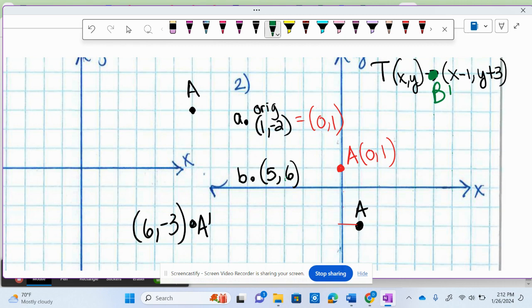It's already been moved. Some point got moved to the left and up 3. So can I just do backwards? Go to the right and down 3 to figure out where I started? And that's the point 6, 3. So the original point is 6, 3.